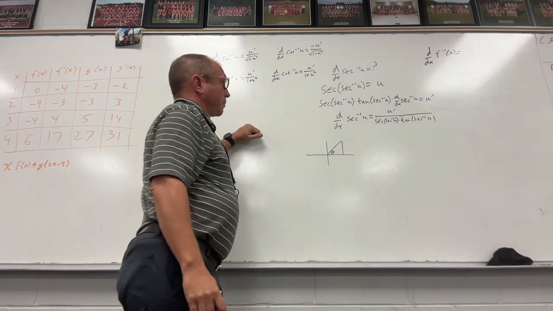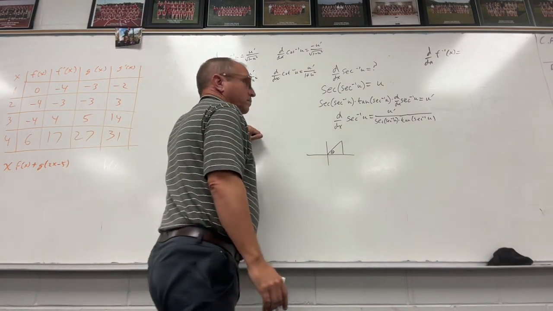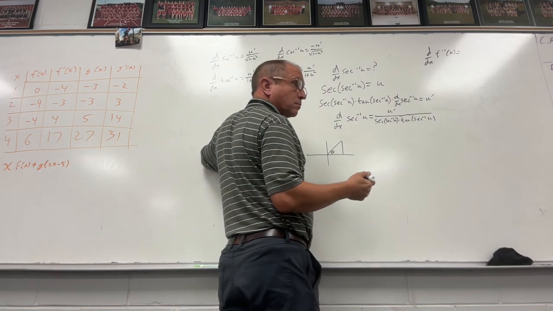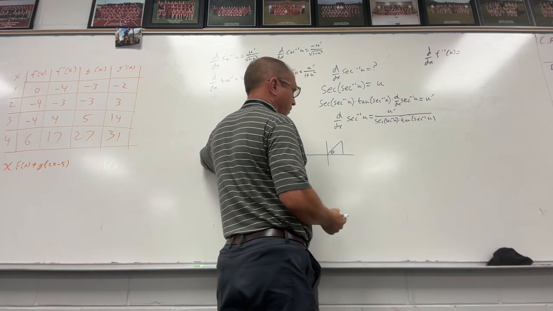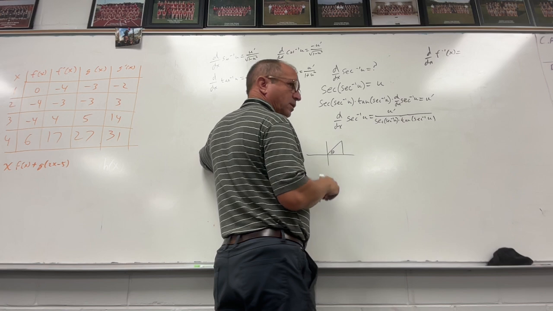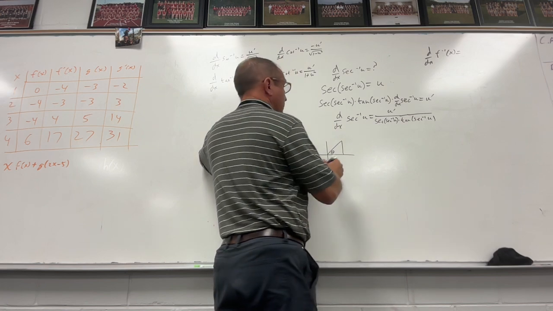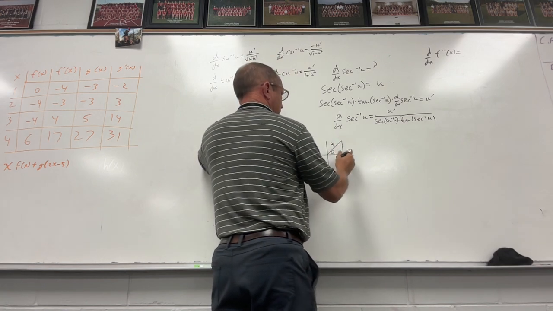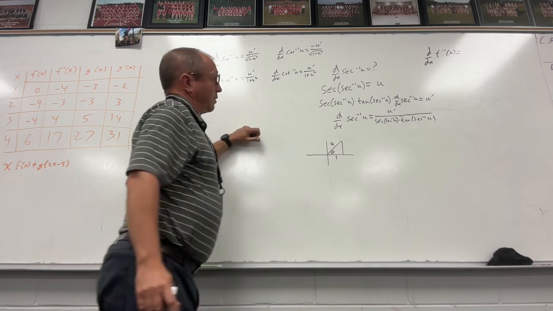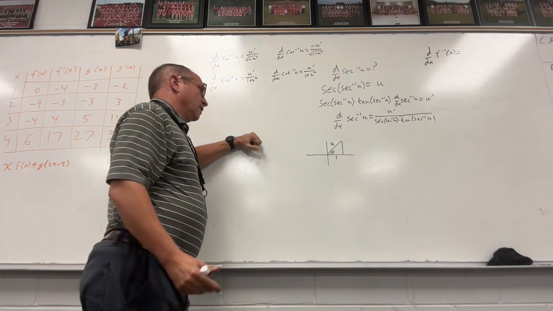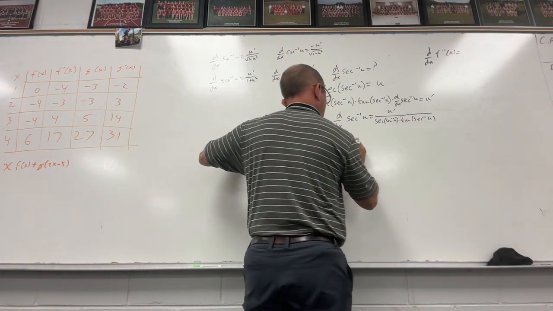Well, it's secant again, so it'd be hypotenuse over adjacent. That's 1 over cosine, which is hypotenuse over adjacent. So we get u over 1 right there. Okay, so opposite.